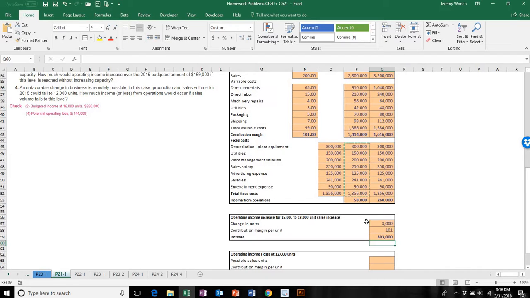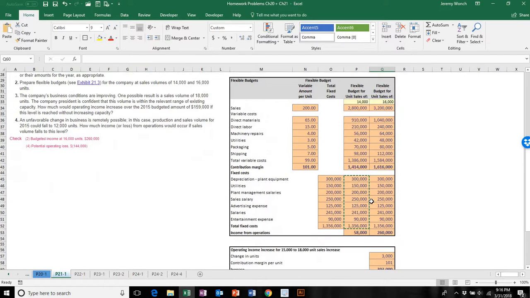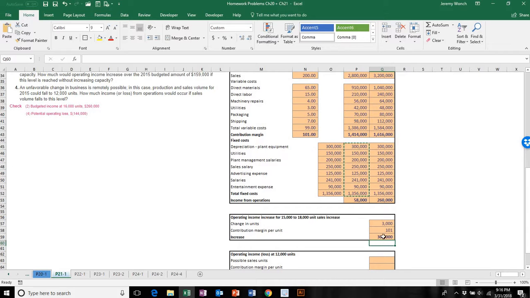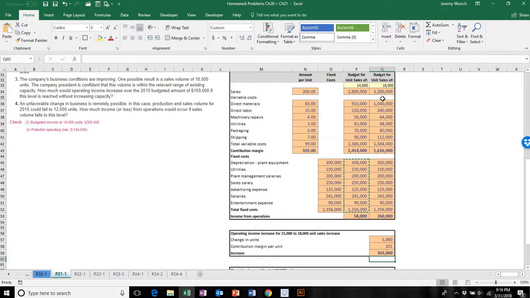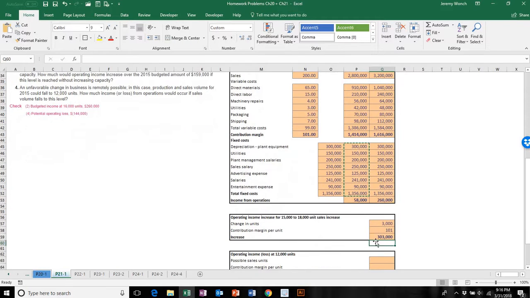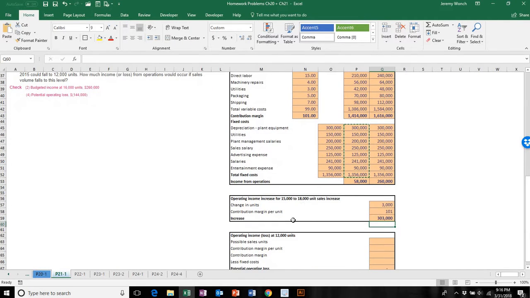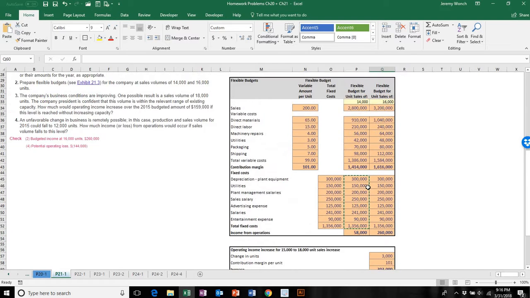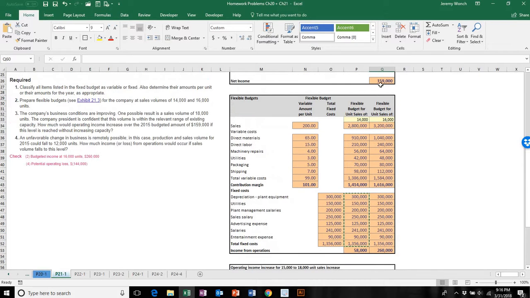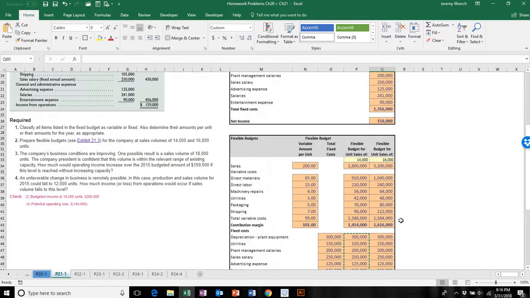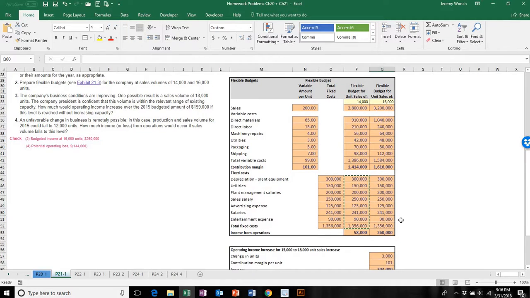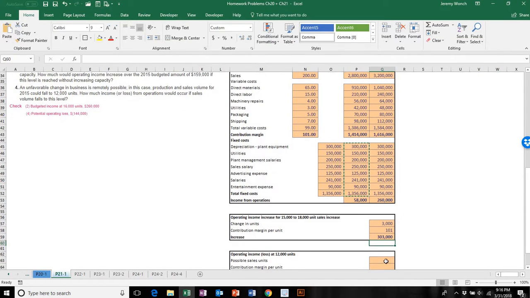So if we know the contribution margin, we multiply that times the increase in units, and that'll give us our increase in profit from the scenario up here. So if they do 18,000 units, they're going to have this 159 plus the 303 for their total profit. So what's that? 462.